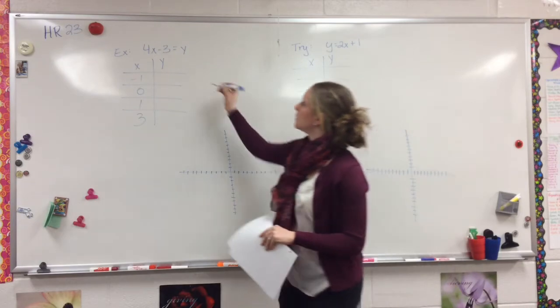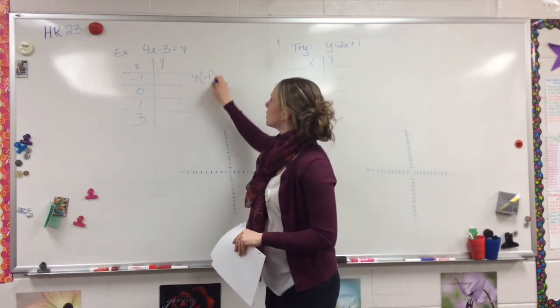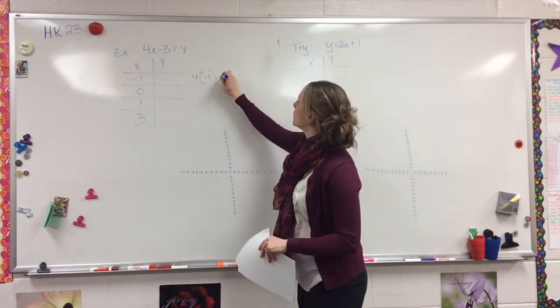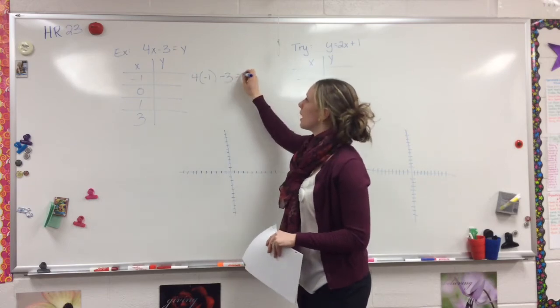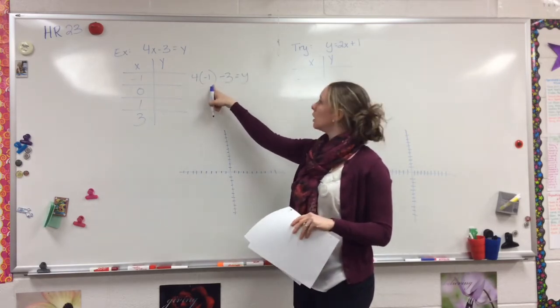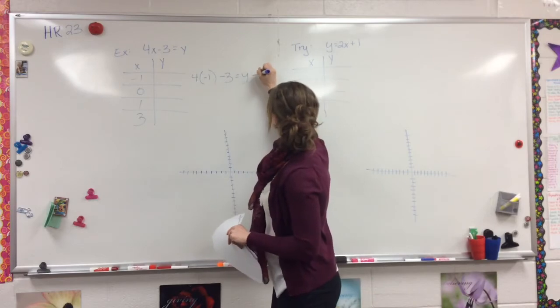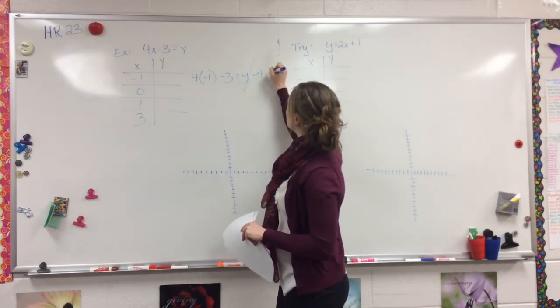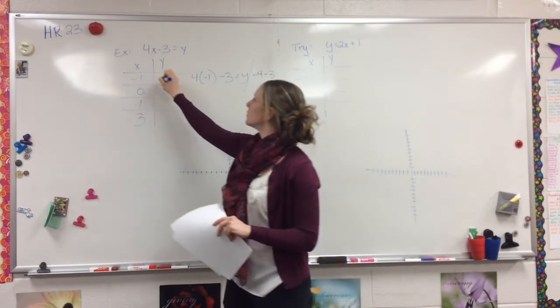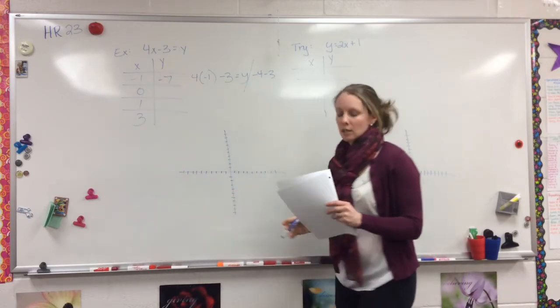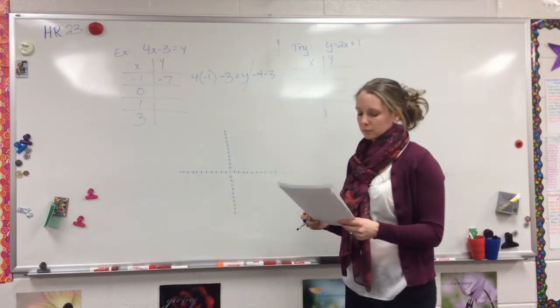So now if I substitute 4 times -1, take away 3, that's going to give me my output. So we'd have -4 minus 3 would be -7. Take your time and show your work.